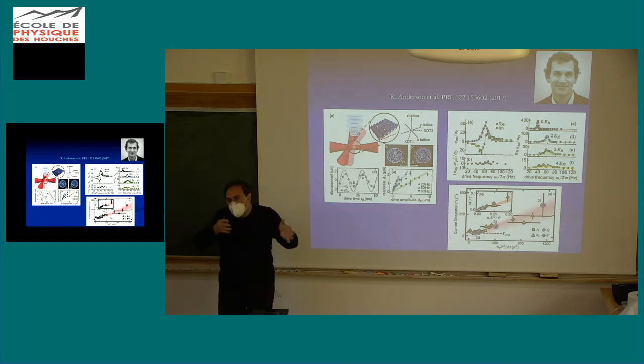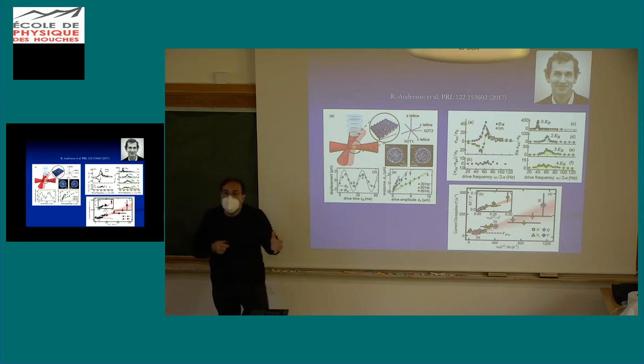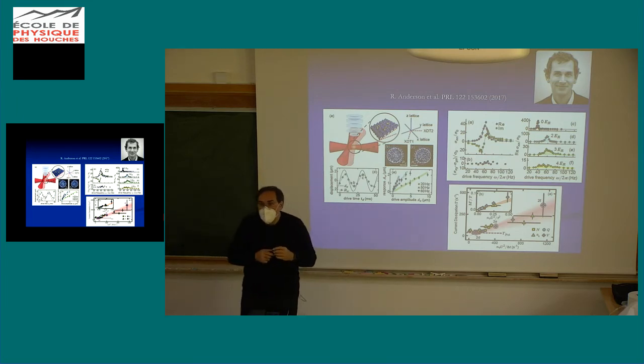So actually, instead of shaking the lattice, he was in a trap, so he moved the center of the trap with respect to the lattice, which is just a change of referential compared to moving the lattice. And here is the image of this. Then you let the system do something for a while, and then you need to measure something, and it depends which system you have at your disposal.